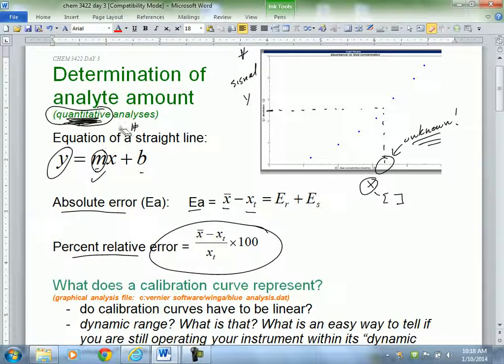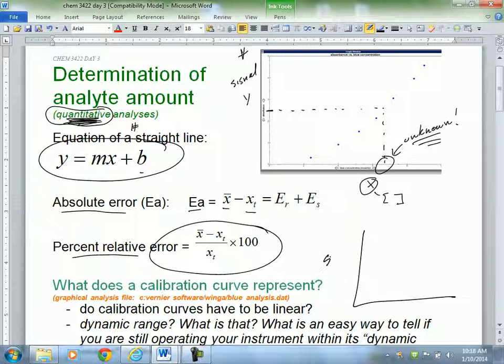No, it doesn't. It's sure a heck of a lot easier if it is, though, right? Because then you can use this. Imagine if it's not linear. Plot one out. Signal, concentration. Make one that's not linear, however you want to draw it here.